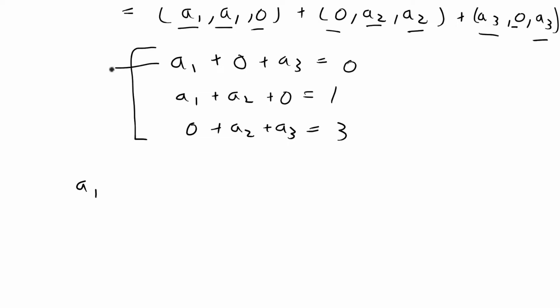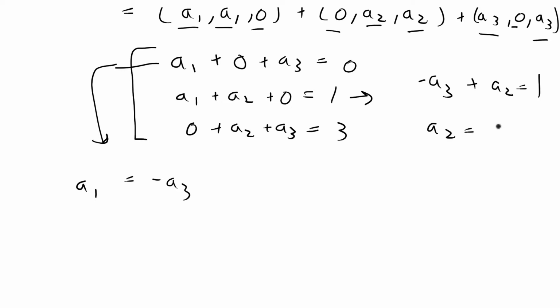Using the first equation, that means that a1 is equal to negative a3. I'm going to plug that into the second equation. So negative a3 plus a2 is equal to 1. That means that a2 is equal to 1 plus a3. I'm going to plug that into the third equation. So plugging in for a2, that's 1 plus a3 plus a3 is equal to 3.